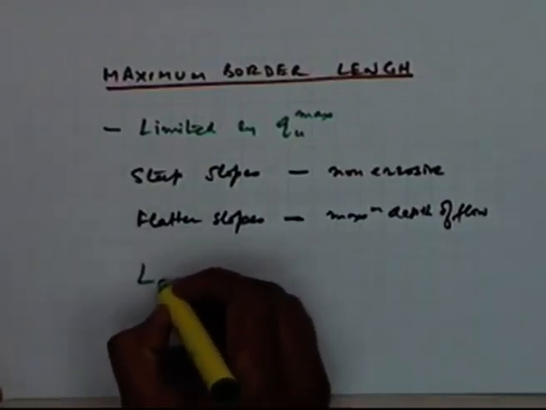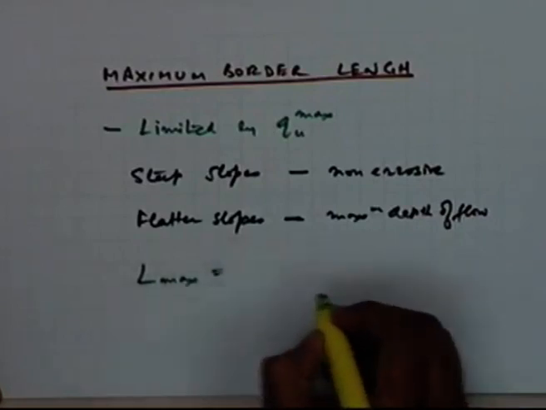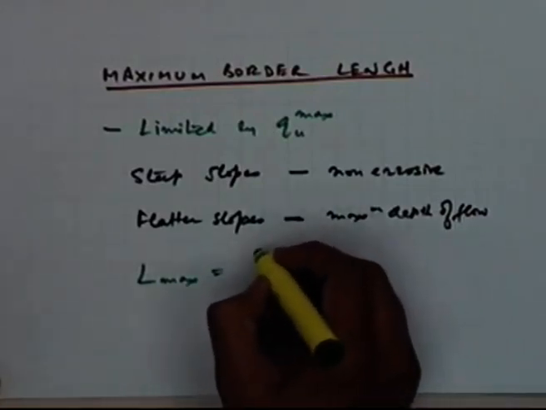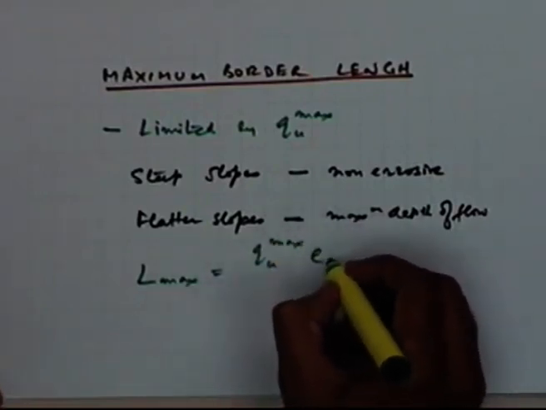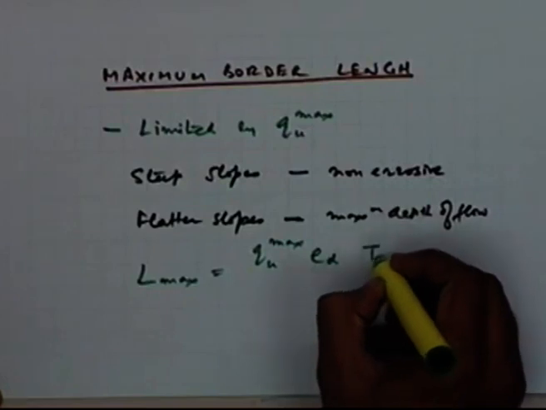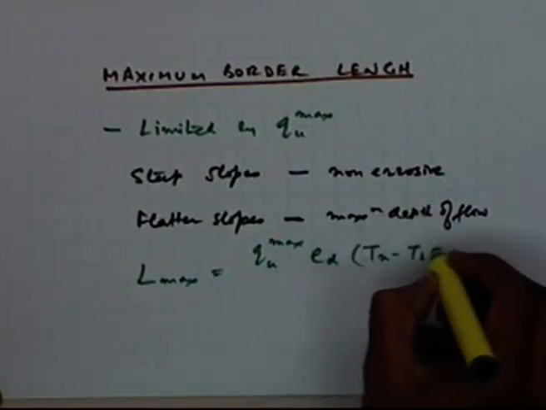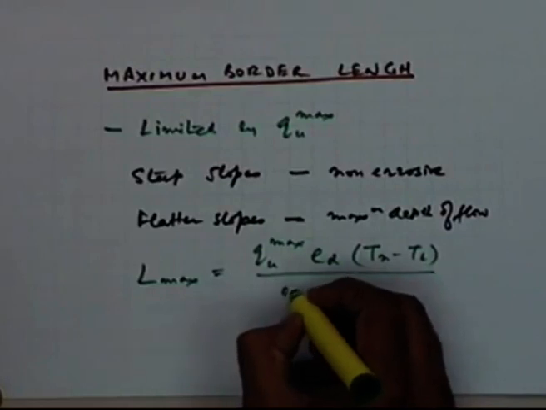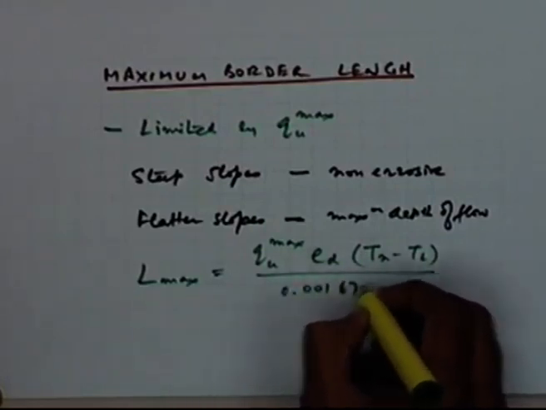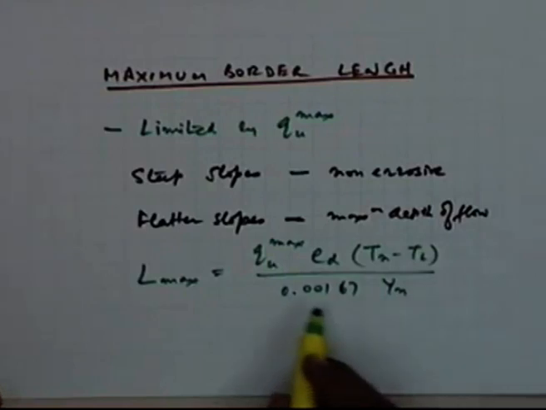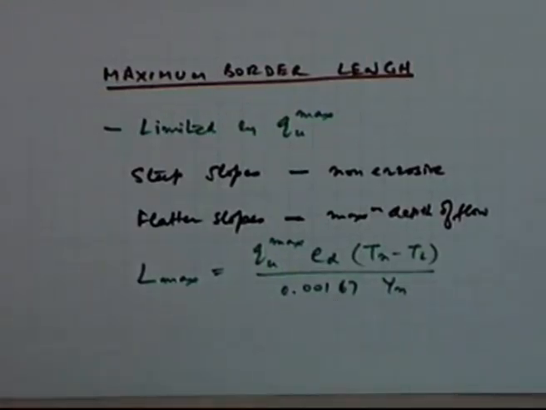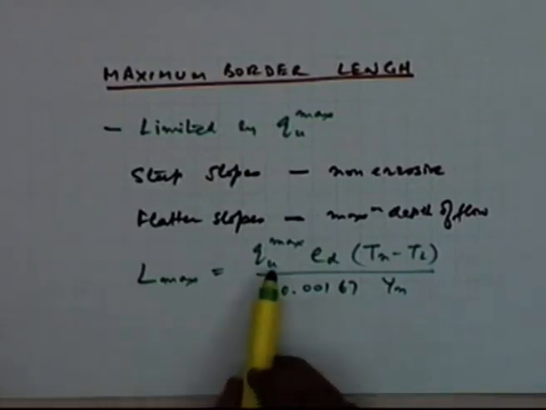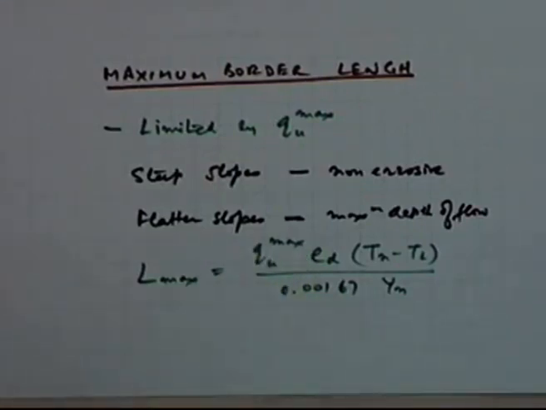But for the maximum length, you can use this expression to find it out. This is basically the same equation which you had used in the beginning. So you can find out, for the maximum possible stream size, what is the maximum possible length.